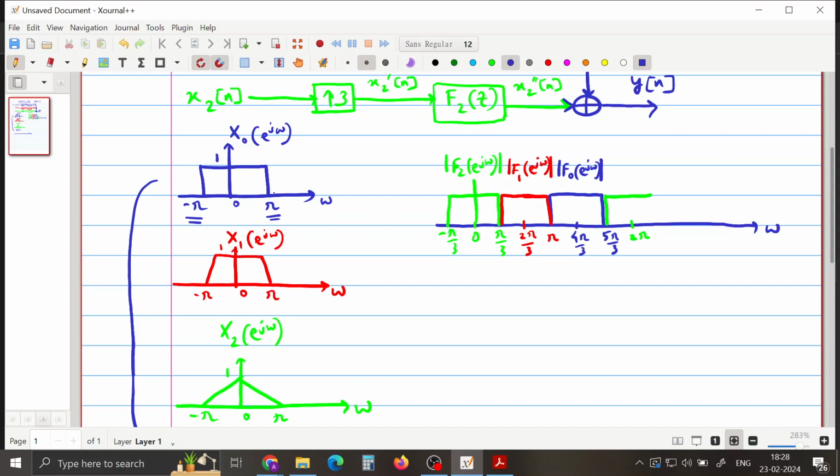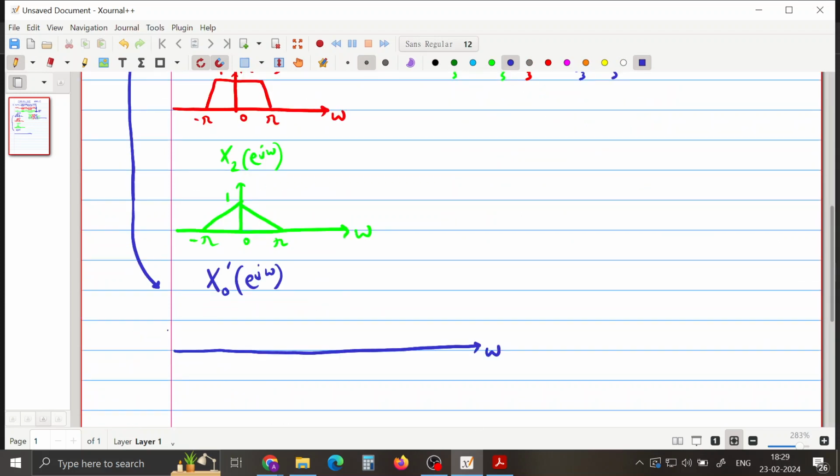And we will have L minus 1 extra copies from 0 to 2 pi, which means we will have 2 additional copies. Okay. So that's exactly what we are going to draw. So how does it look?